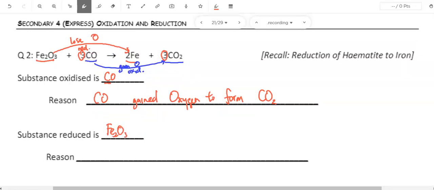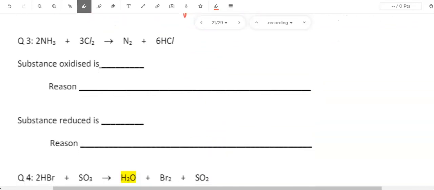Because we know it loses oxygen, right? So the reason: Fe2O3 lost oxygen to form Fe. This is how you go about doing the explanation itself. Once again, you can see that there's a before, process, after. Okay, so that's how you go about writing the explanation.